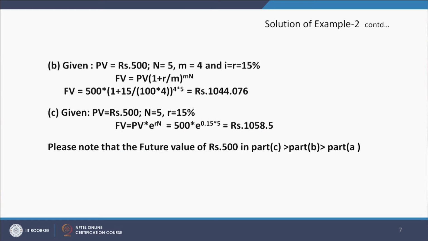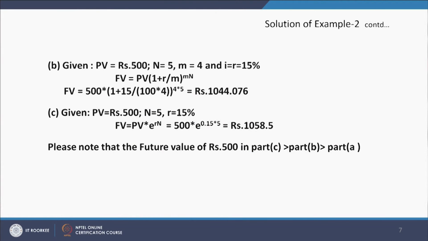Part 2: PV is equal to 500, n is equal to 5, m is equal to 4, and i equal to r equal to 15%. Now, this is a discrete compounding problem. So, my equation changes: FV is equal to PV (1 plus r divided by m) to the power mn.